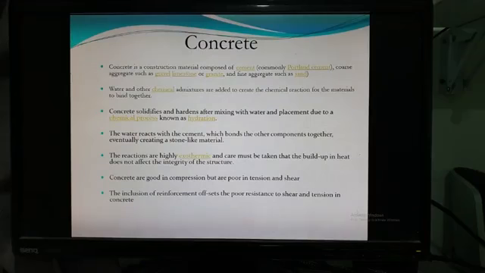It all bonds together to create a stone-like material. So basically, the wet concrete is basically a wet type of stone. Okay. So the reaction is highly exothermic, meaning that in this chemical hydration process, it generates a lot of heat.